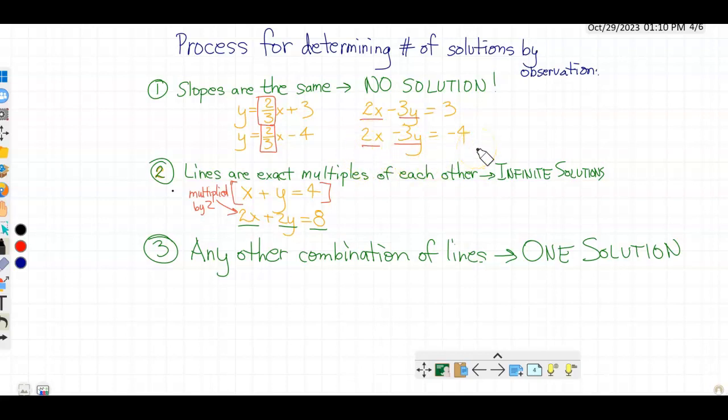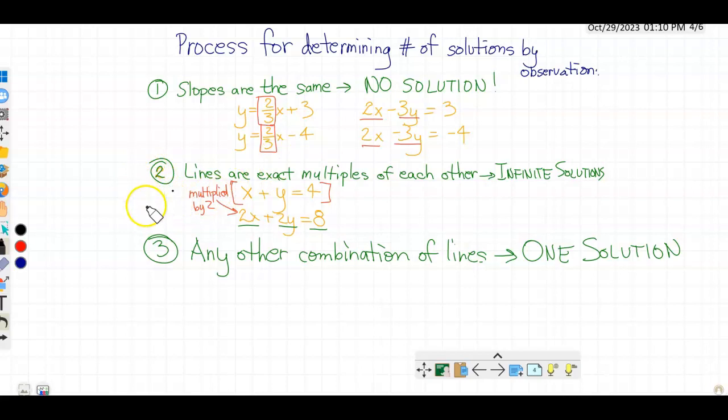I go over this procedure at the end of this video. And then you would divide by the y coefficient. So this is your rise over run. And here's just your slope, okay? If the slopes are the same, then you know you have no solution. The lines are parallel. They are never going to cross.